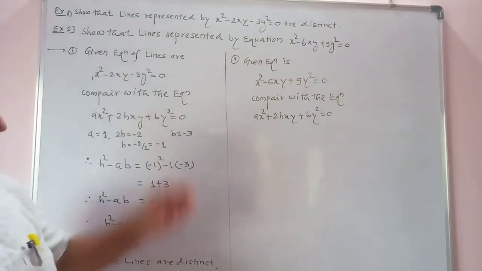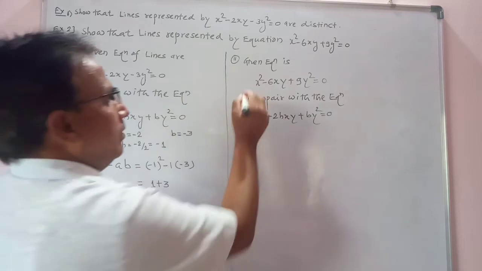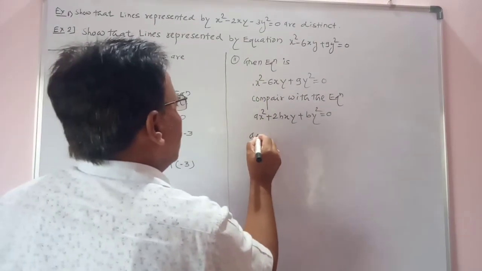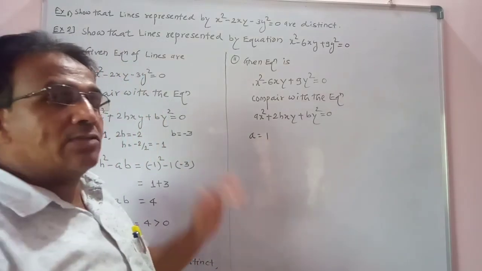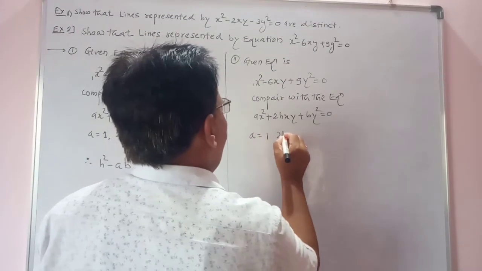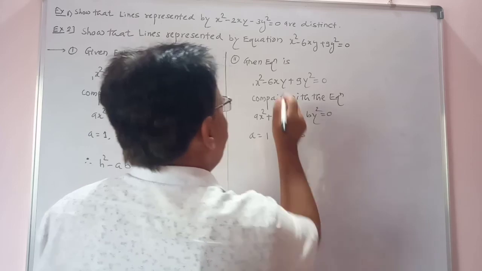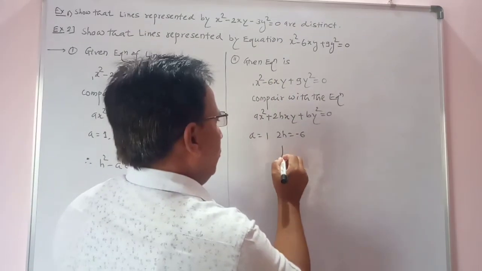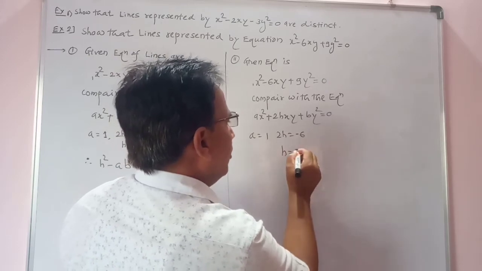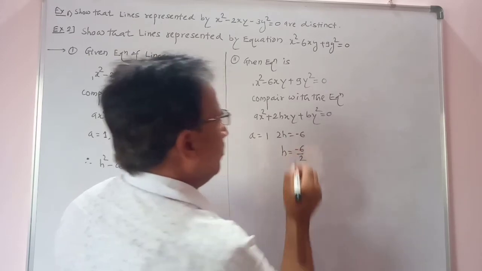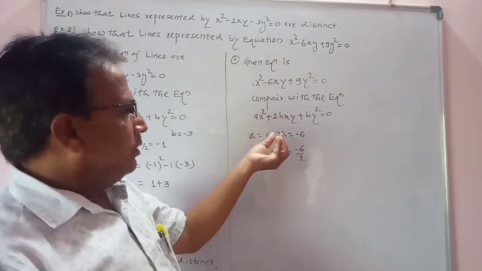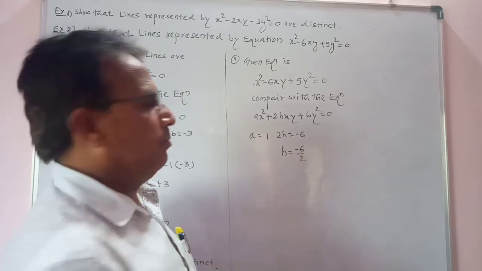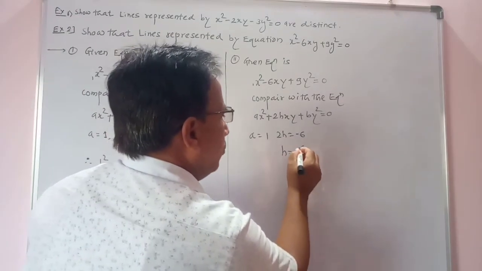The coefficient of x square is 1, so a equal to 1. For xy, 2h equal to minus 6. h equal to minus 6 divided by 2, the 2 transposed to the right side. 2 1s are 2, 2 3s are 6.